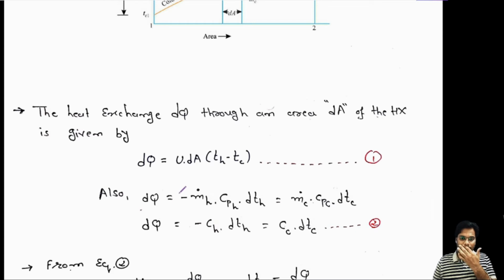We also know that as the hot fluid loses some heat to the cold fluid, there is a change in internal energy for both fluids, which we can calculate by the equation mc delta T. For hot fluid it's minus mh cph dTh, for cold fluid mc cpc dTc. Why is there a minus sign in front of the hot fluid?